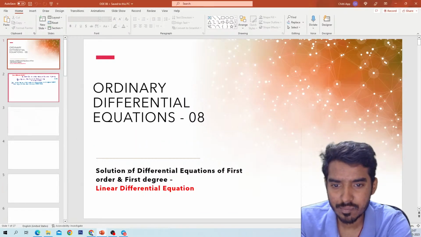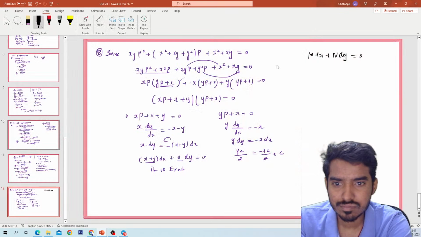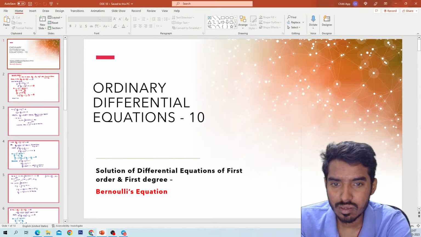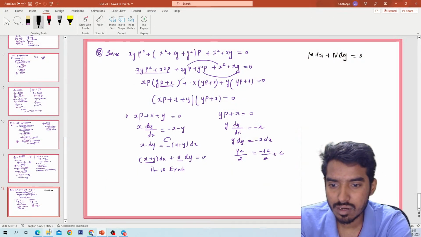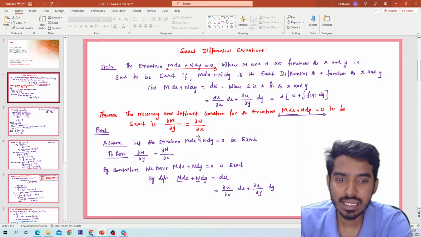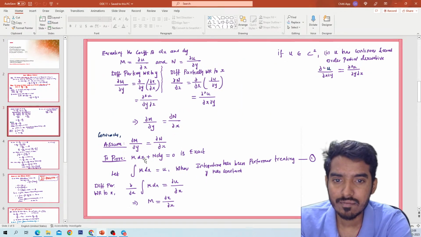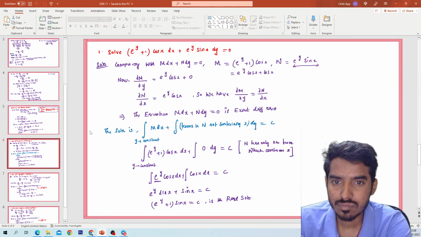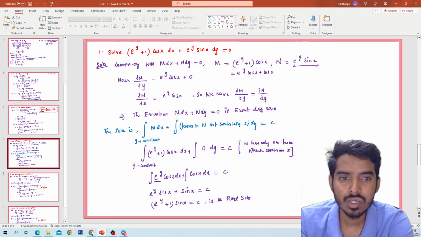Read this exact. What about this Bernoulli? Yes, exact, right? So we have m dx plus n dy, so it will be exact when dou n by dou x equal to dou m by dou y, right?